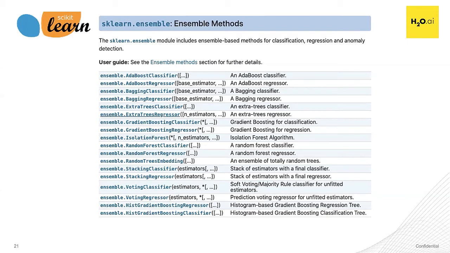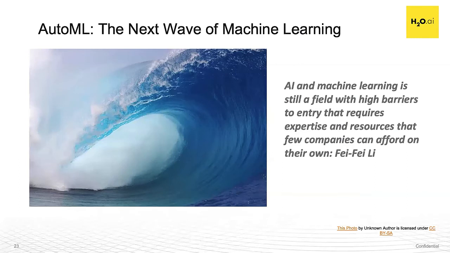Researcher Fei-Fei Li had very nicely summed up the need for AutoML, saying that artificial intelligence and machine learning is still a field with high barriers to entry that requires expertise and resources that few companies can afford on their own. And hence, there is a need for automating the process, or some parts, of a machine learning pipeline.